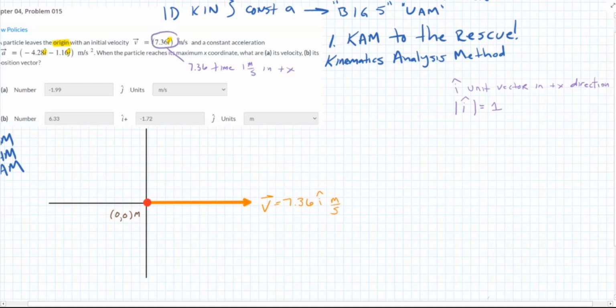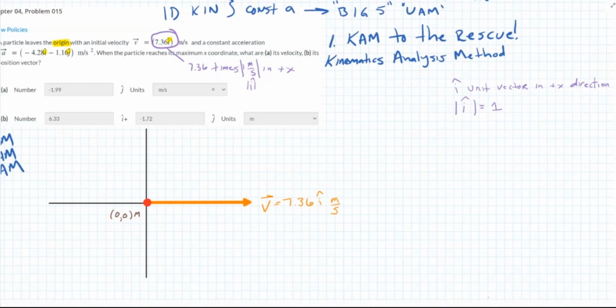So whenever you see something like 7.36 I hat meters per second, I'm going to say it's 7.36 times 1 meter per second because of that unit vector in the plus x direction. Again, that's the magnitude of unit vector I. That little hat, that little up caret, means it's a unit vector. So that's my initial x direction.